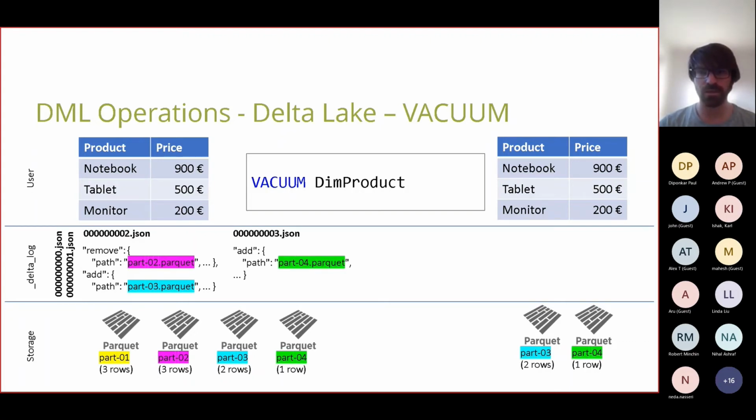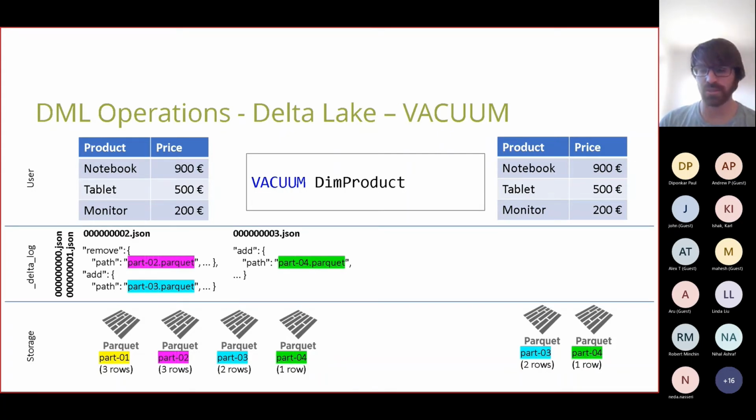File 3 contains the 2 rows, and file 4 contains the row that we inserted. The data itself did not change. So the regular user will not recognize this.